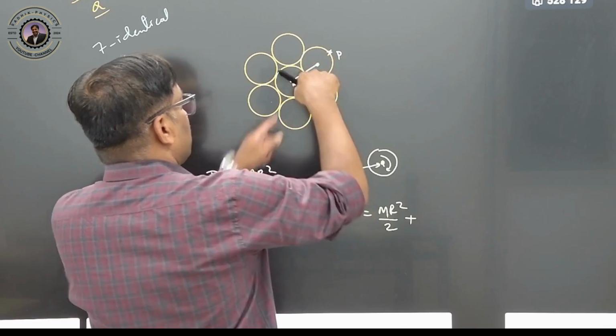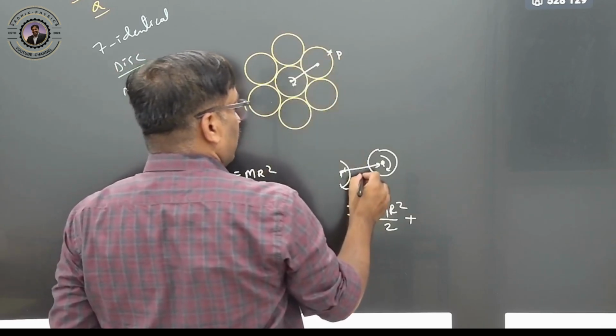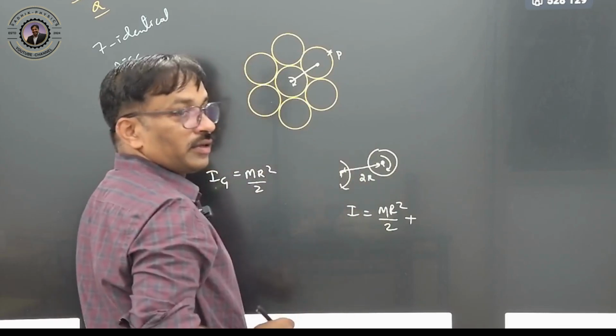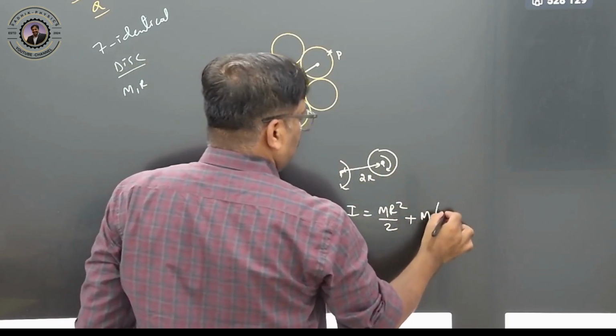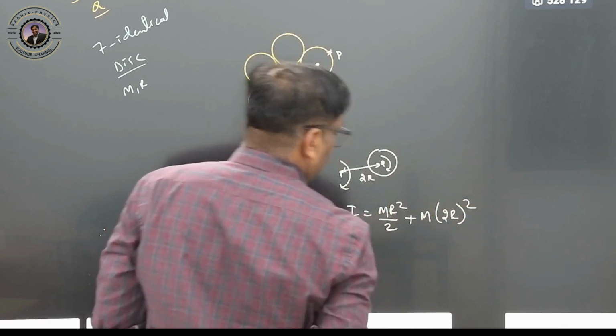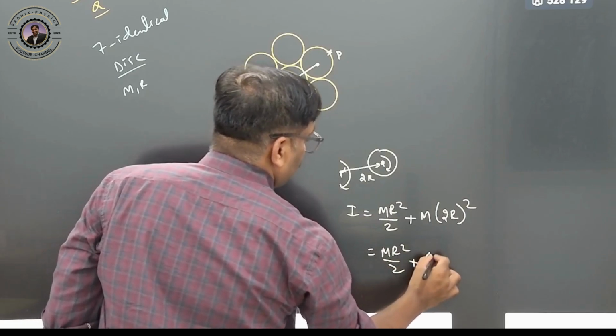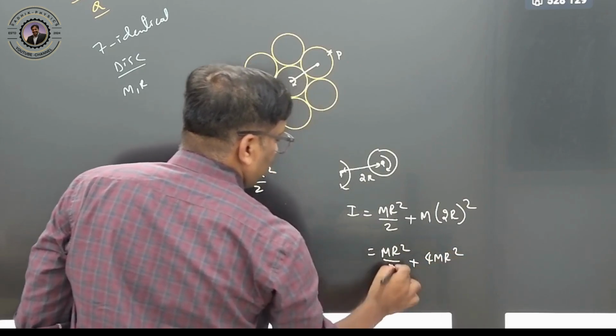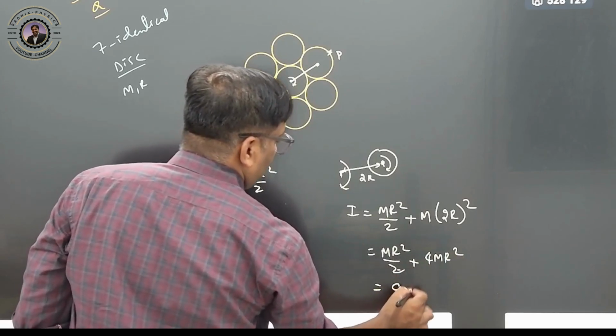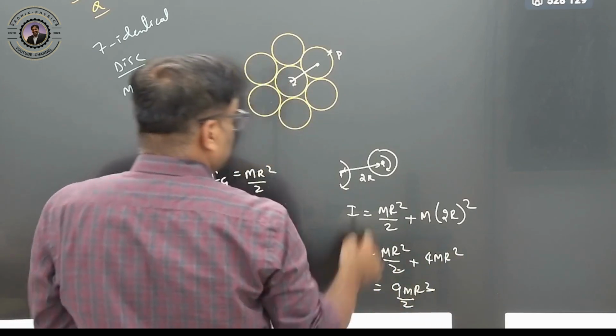Radius r, therefore 2r. So m into 2r whole square. Clear? That is mr square by 2 plus 4 mr square, so 9 mr square by 2. This is for 1.